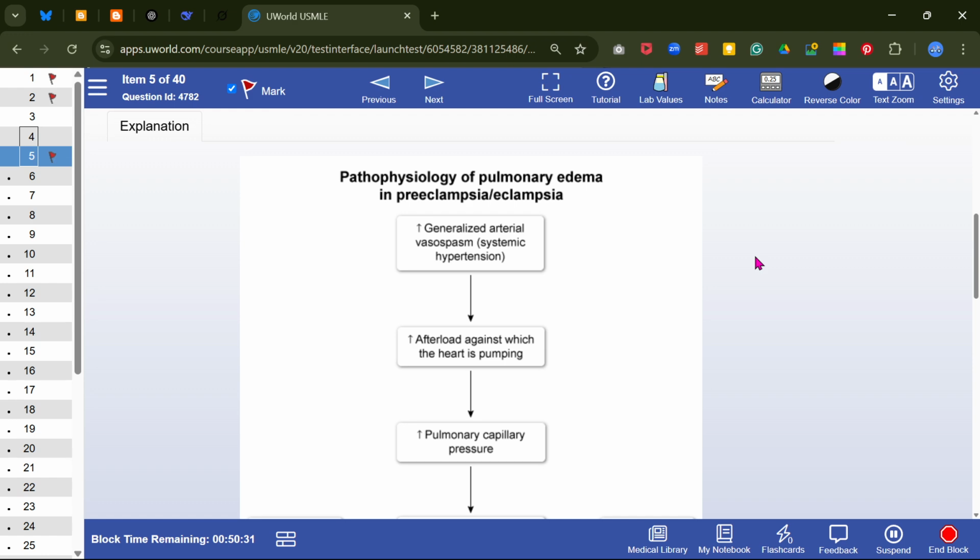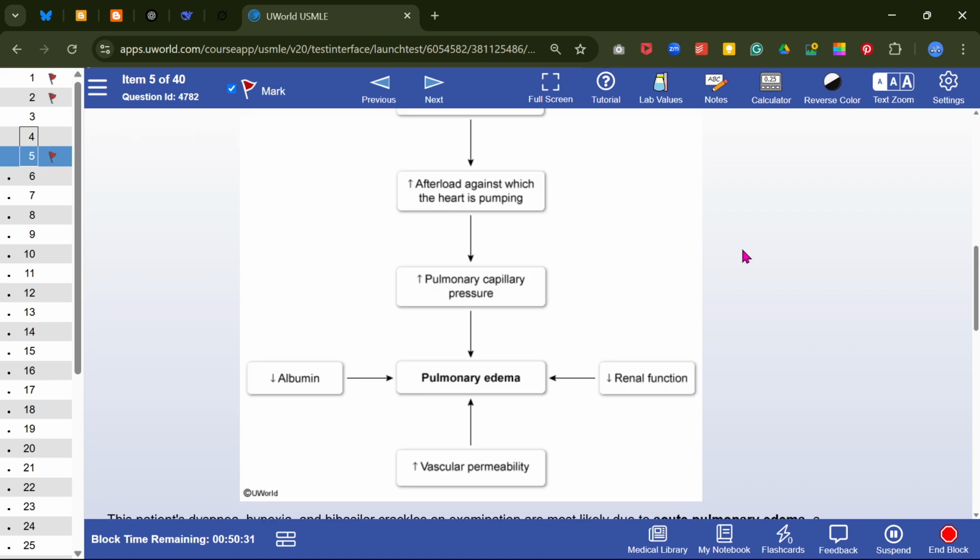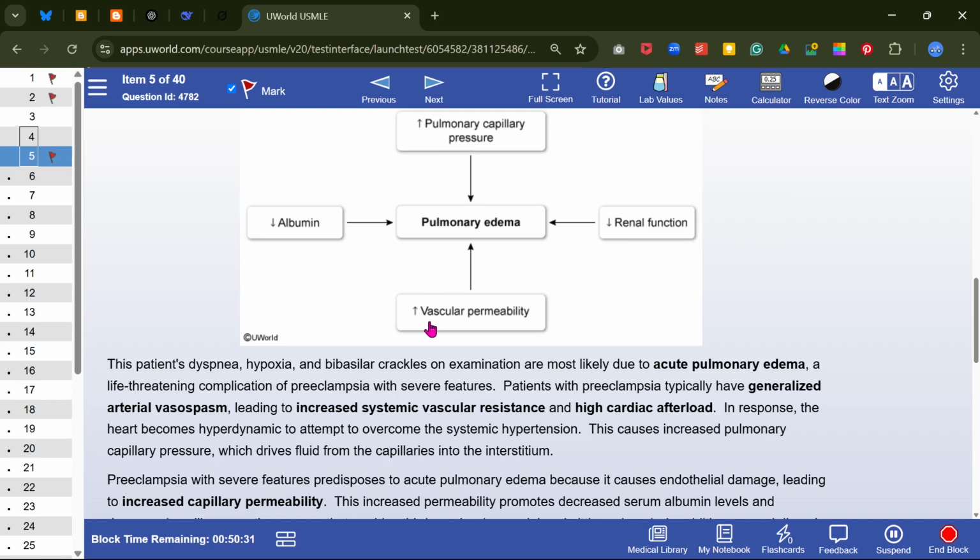Increased generalized vasospasm, systemic hypertension, increased afterload against which the heart is pumping, increased pulmonary capillary pressure, pulmonary edema, decreased albumin and decreased renal function and increased vascular permeability.